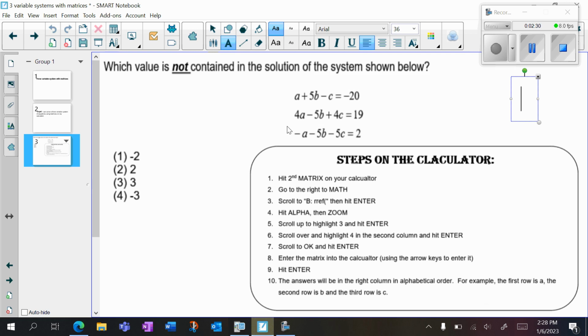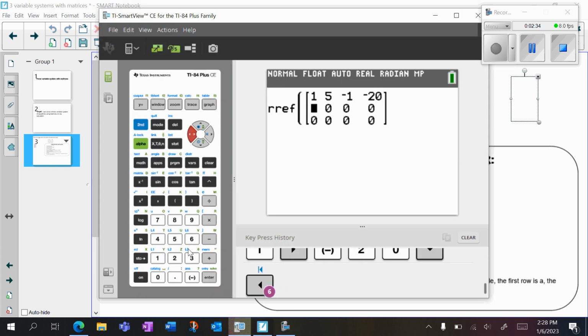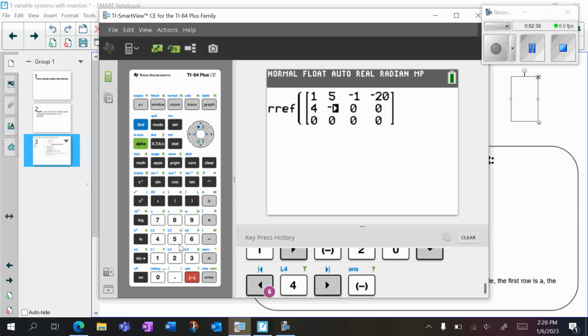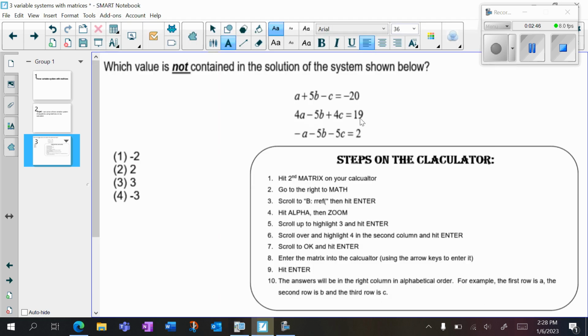And notice it's 4, negative 5, 4, 19. So 4, negative 5. Scroll to the right every time. 4, 19. And then our last row, negative 1, negative 5, negative 5, 2.